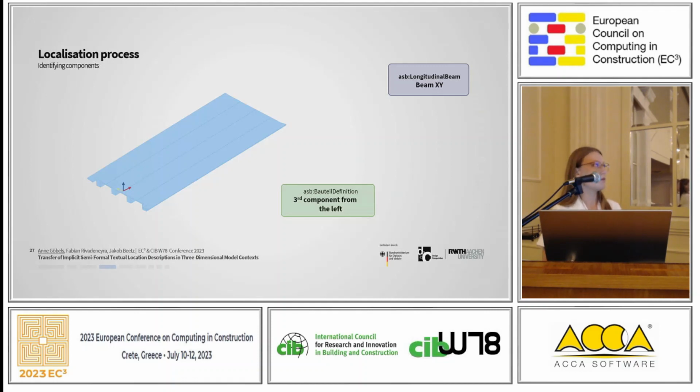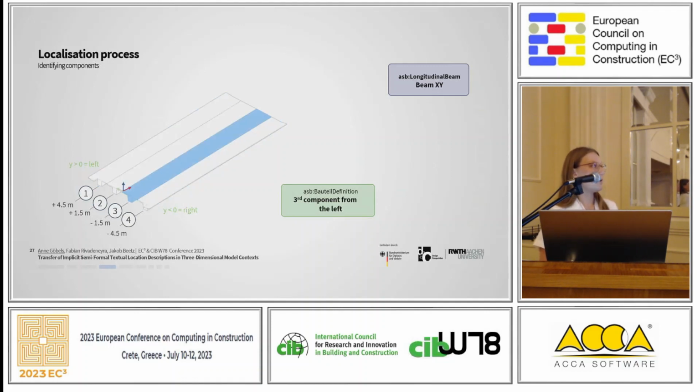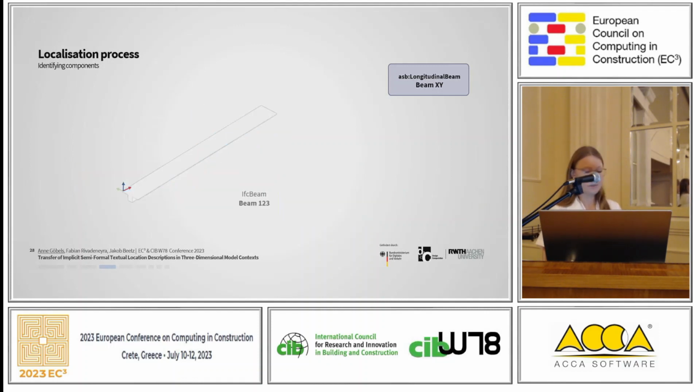And as we know from before that positive y values refer to left, we can now order the components along the axis and just count the third component from the highest value. Now we have found our component, so it's a real IFC beam component having a UID and so on, which is what we want.